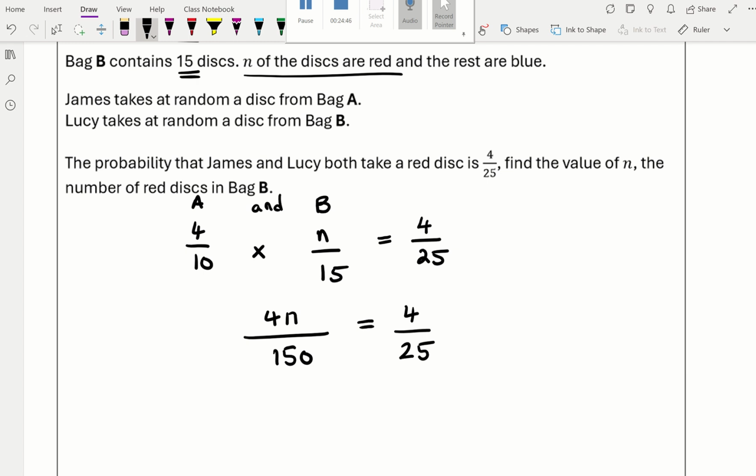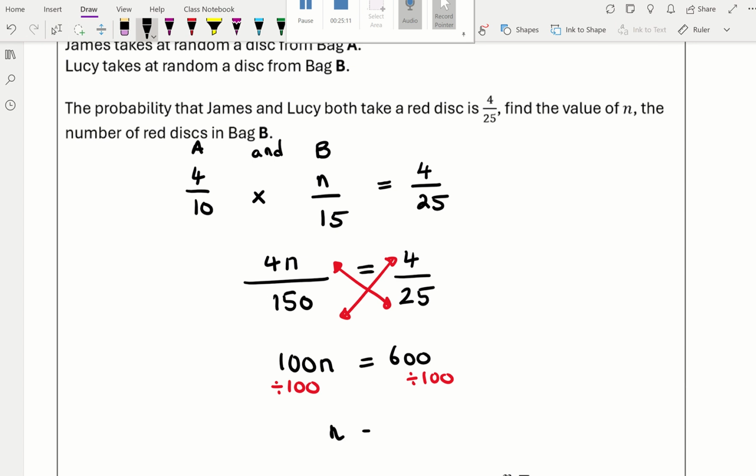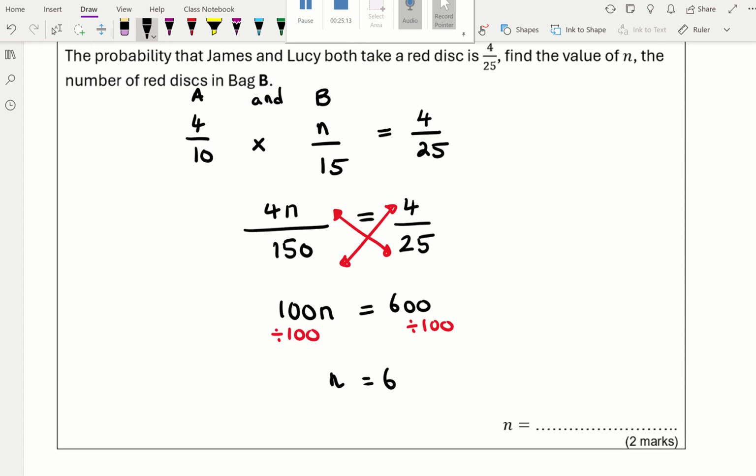And what you need to do now is a cross multiplication. 25 times 4n is 100n. 150 times 4 is 600. Then you divide by 100 and divide by 100, and you get n equals 6.